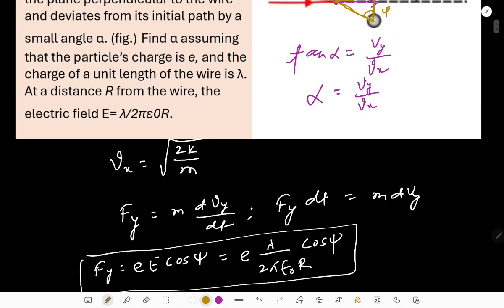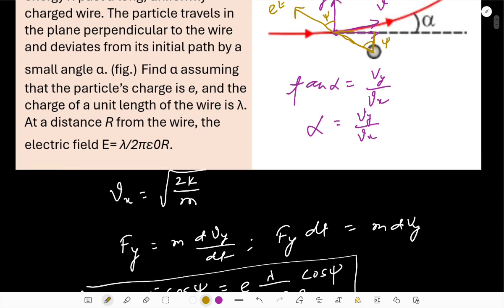But the main problem is, how can I find a relation between dx and other important things, like the distance r, and this angle psi.